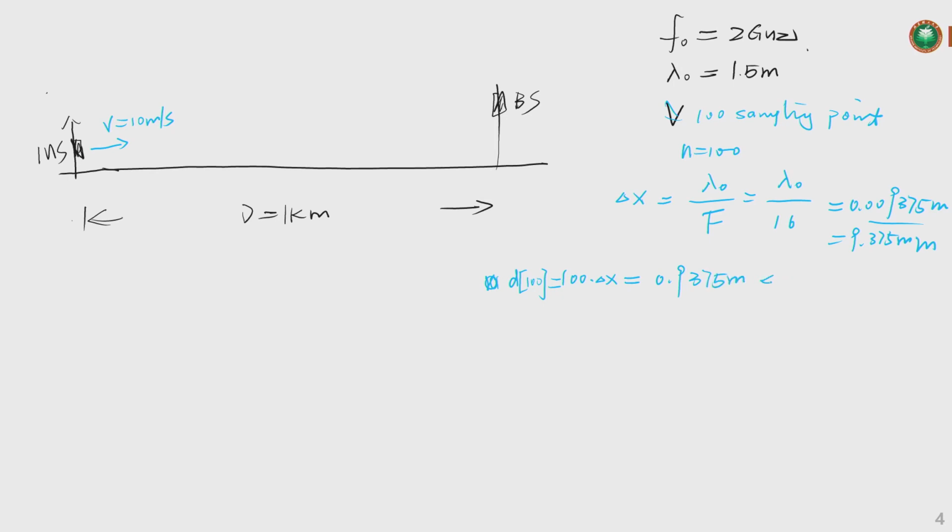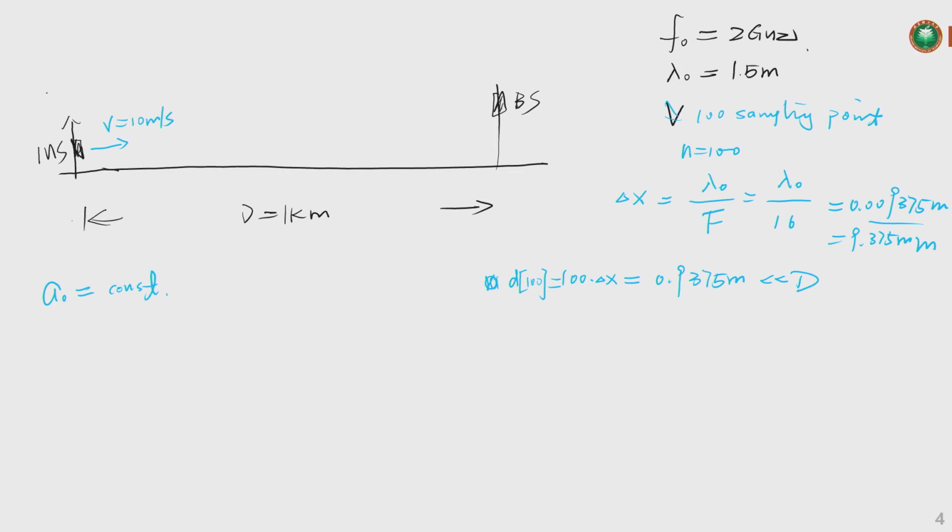It's much smaller than the total distance, capital D, 1 kilometer. So it is a short route, and its amplitude A_0 can be regarded as a constant.